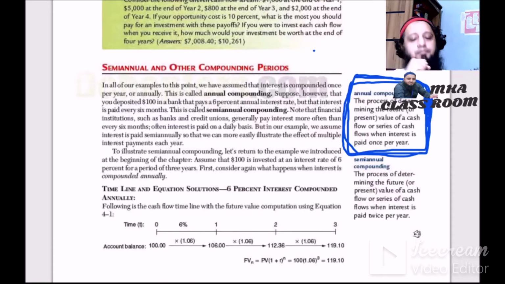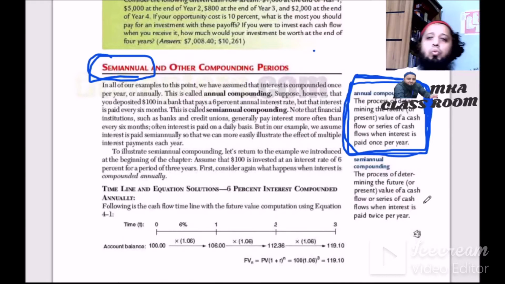So, for example, semi-annual compounding, whenever twice per year. The process of determining the future value or present value of cash flows or series of cash flows when interest is paid twice per year.